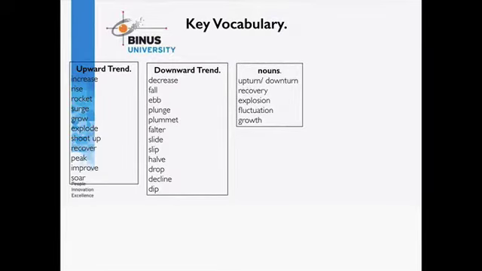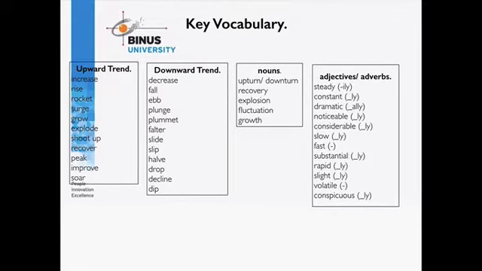And we also have some useful nouns: upturn, downturn, recovery, explosion, fluctuation, growth. And some adjectives and adverbs there. Of course, with the adverbs, you simply add ly to make the adverb form.